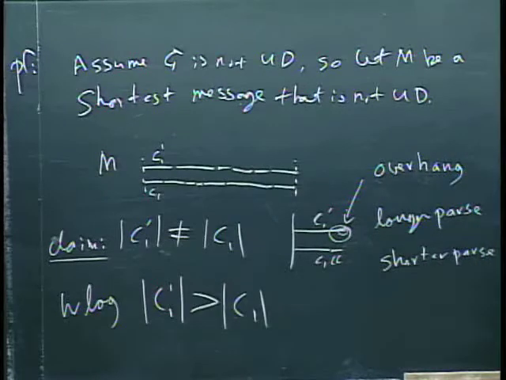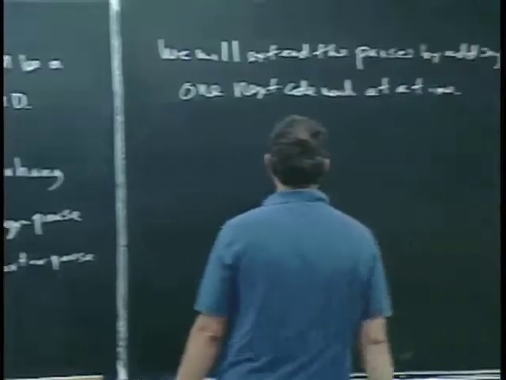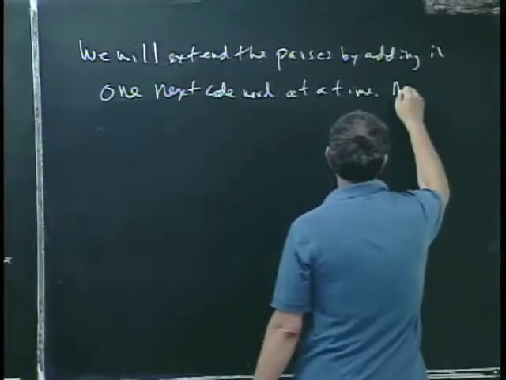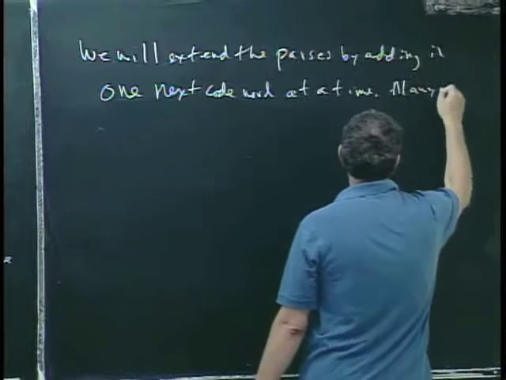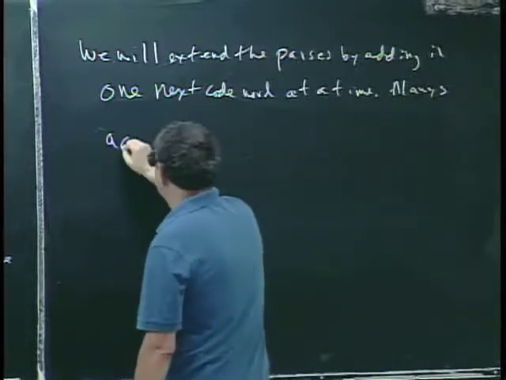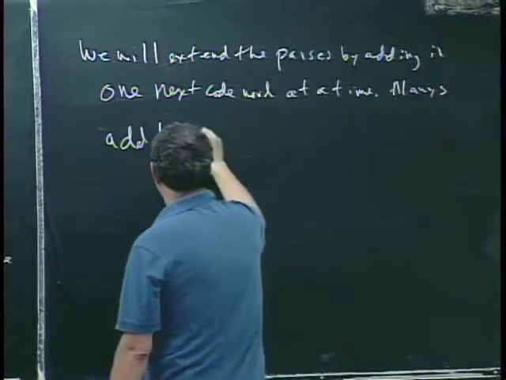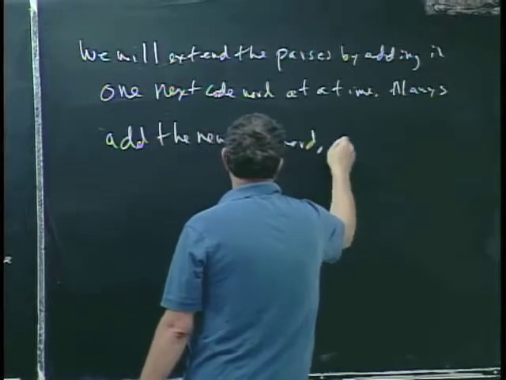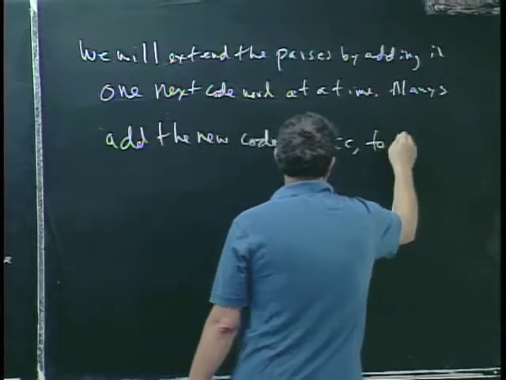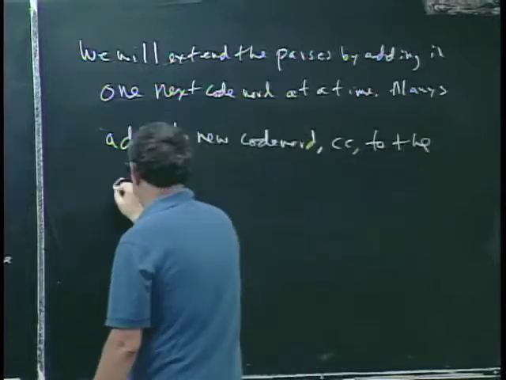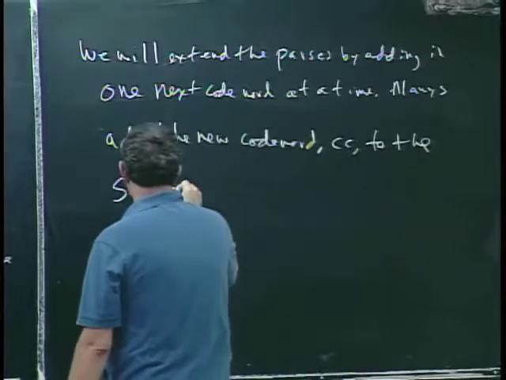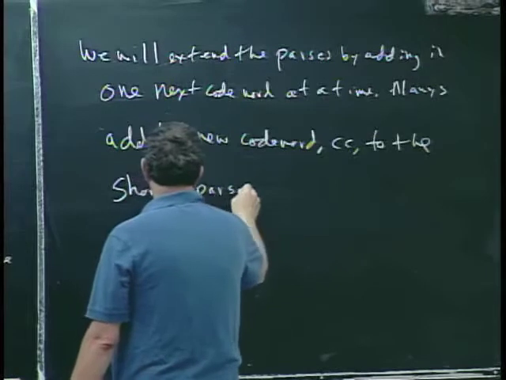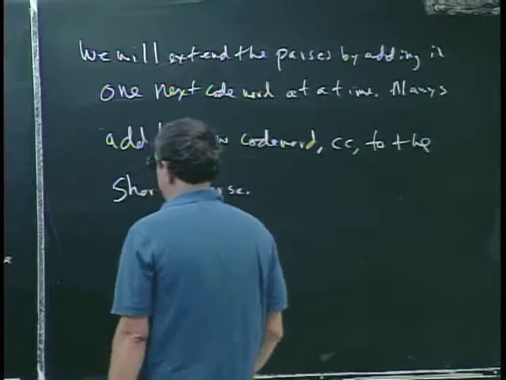So this is the game plan. We're going to extend the parses by adding in one next code word at a time. Always add the new code word, and I'll call it CC, to the currently shorter parse.